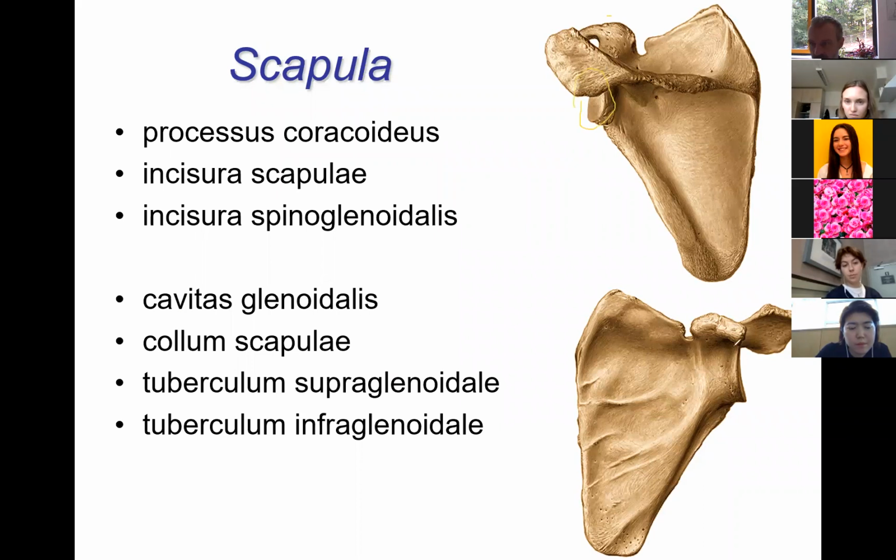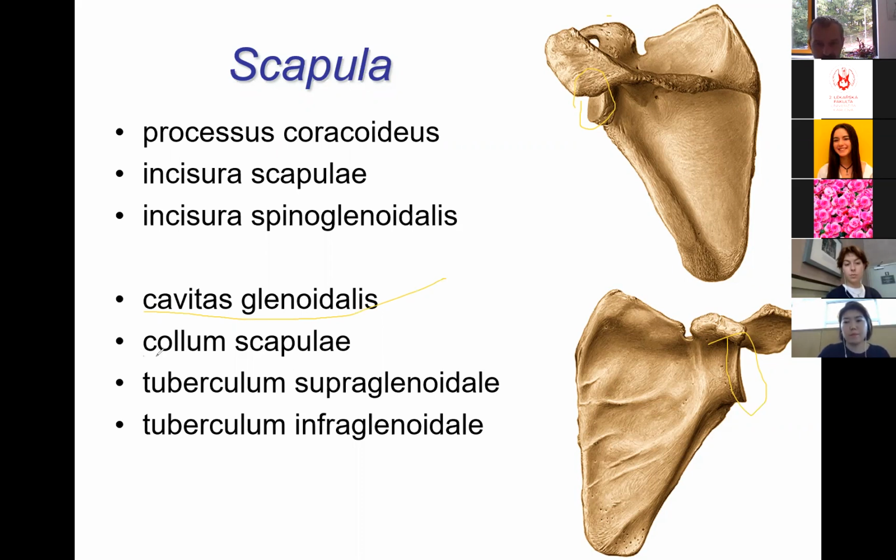This one, the smooth surface which serves for the head of the humerus to form the shoulder joint. And glenoidalis is a totally untransparent term. So please remember, this is just the fossa of the shoulder joint, which is called the glenoid cavity. You just have to learn it.